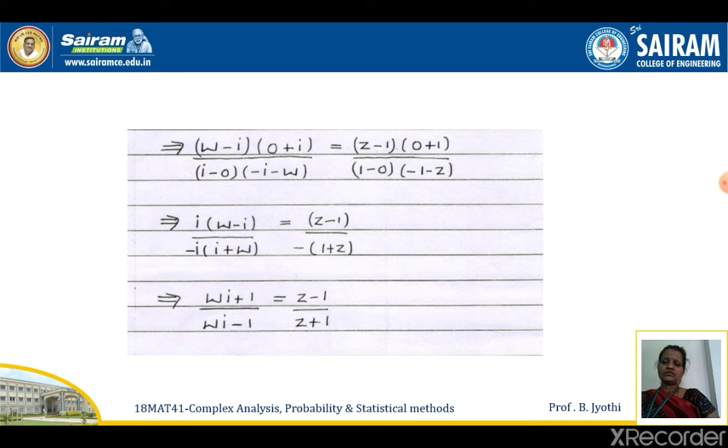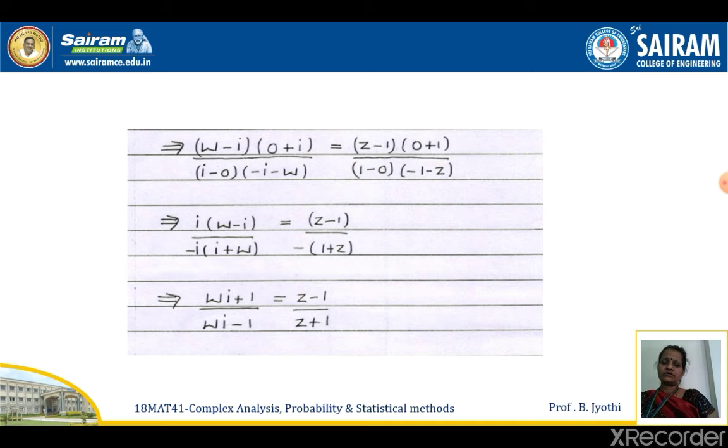On multiplication of I to the left hand side we get WI plus 1, because I into minus I will become I square with a minus sign, that will become plus. And in the denominator minus I into plus I will be minus I square, which will become plus, and it will be WI minus 1.